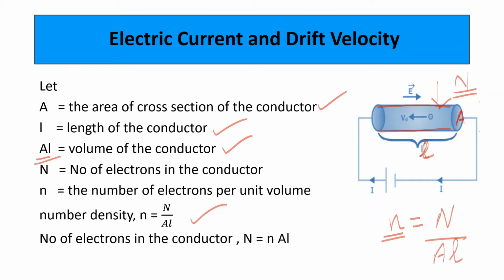Capital N is the total number of electrons in this conductor, and small n is the number of electrons per unit volume. Therefore, what will be the total number of electrons? Total number of electrons will be n multiplied by AL. Therefore, capital N is equal to nAL.